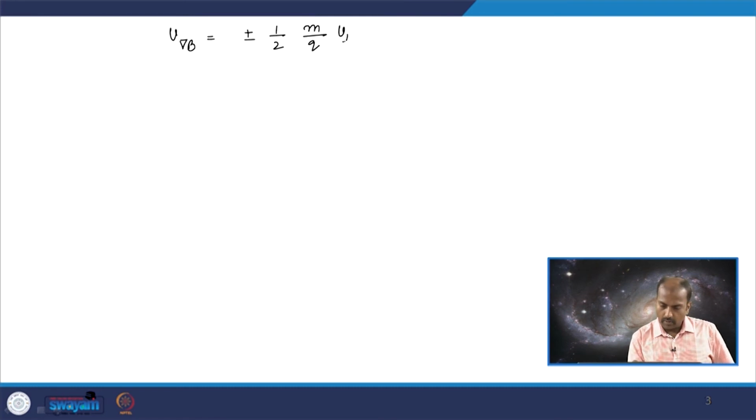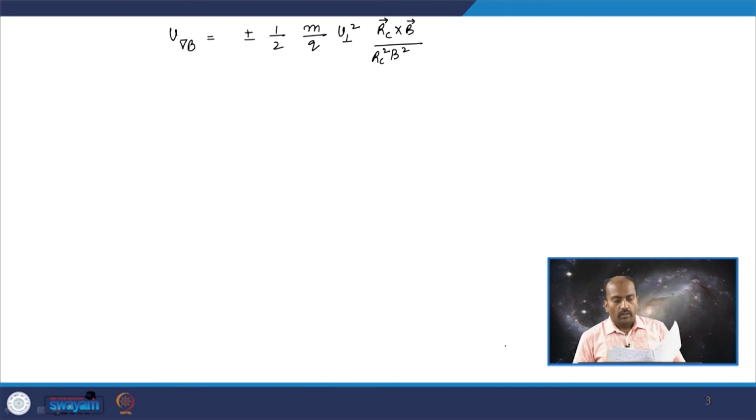So, we will write it as V del B equals plus minus half M by Q V perpendicular square RC cross B divided by RC square B square, right.